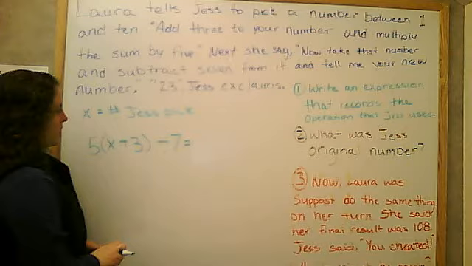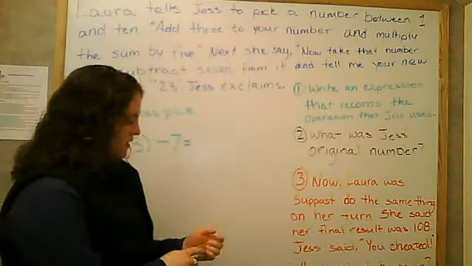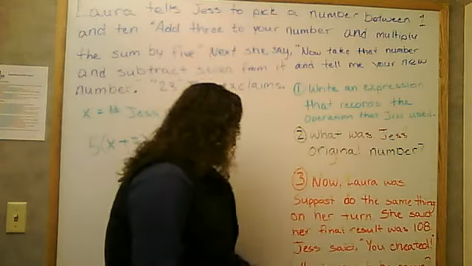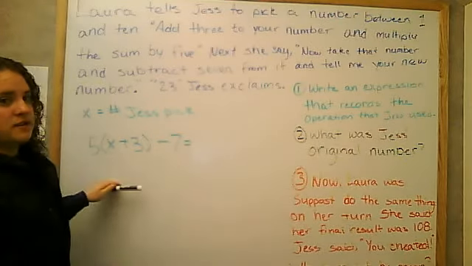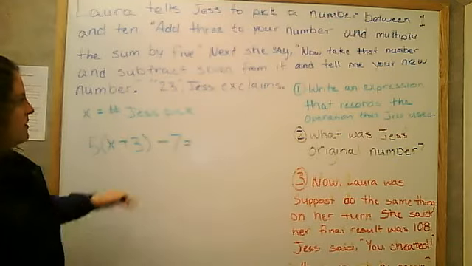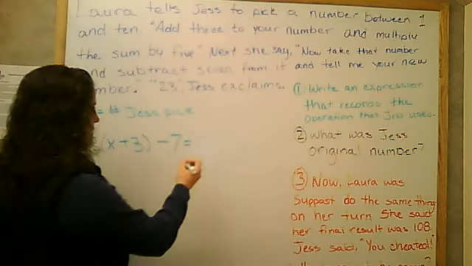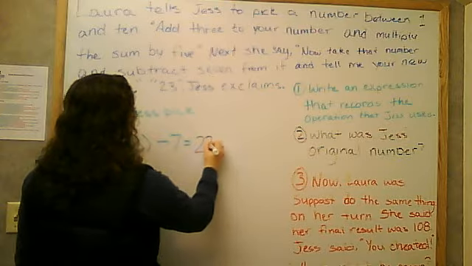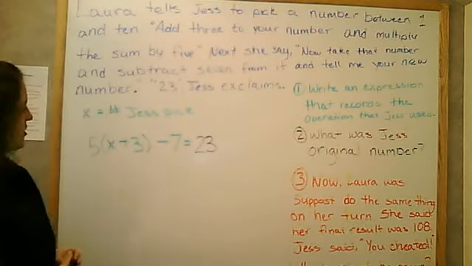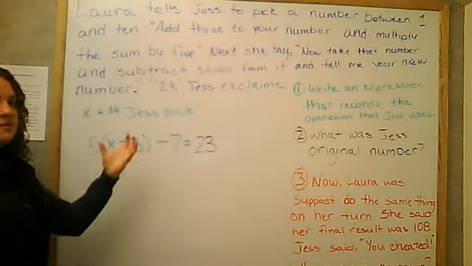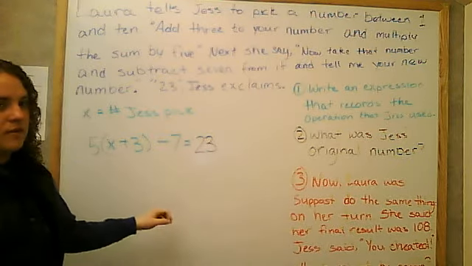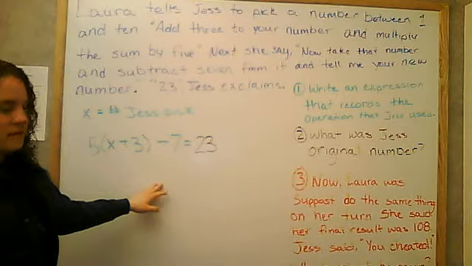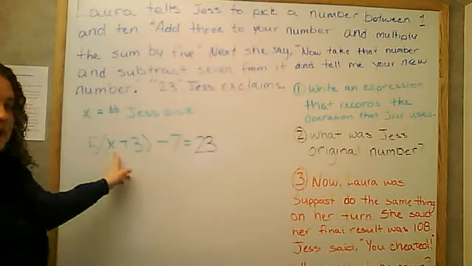So now, next step, what was Jesse's original number? So for this, we're going to use our equation that we set up to work backwards. So we know the new number Jesse got is 23. So we're at 23 at the end of our equation. Now all we need to do is, since we did the hard part, we pulled the information out of the word problem and made an equation for ourselves, now we just need to solve for x.